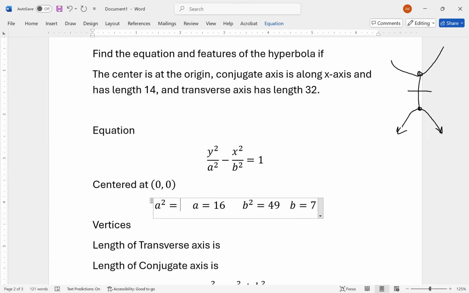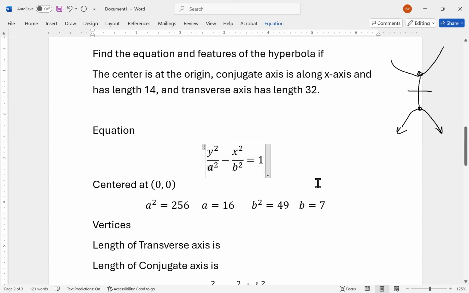A squared would be 256. 16 squared is 256. So that gives me my equation. Y squared over 256 minus x squared over 49 is equal to 1. That's the standard form for this hyperbola.